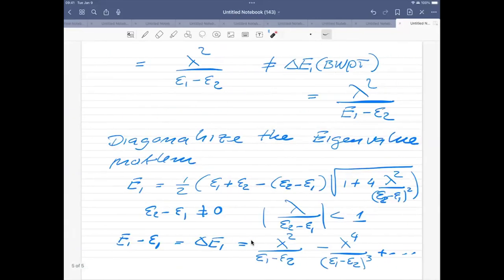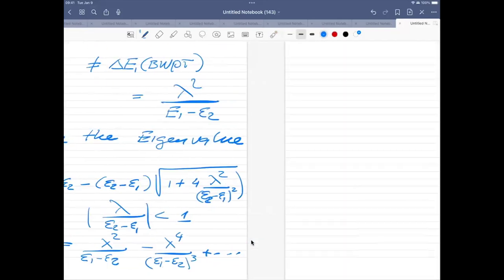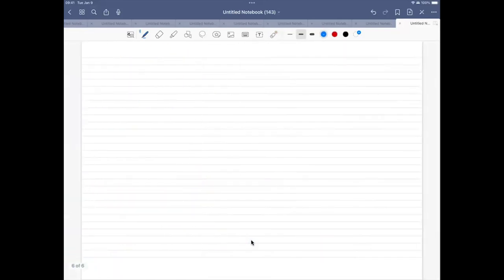And we see here that we have the interaction to fourth order. So this seems to indicate that there is going to be a fourth order term in Rayleigh-Schrödinger perturbation theory. So if we now link this with the Brillouin-Wigner perturbation theory, when we take delta E1 of the Brillouin-Wigner perturbation theory, what we have then is a lambda squared divided by E1 minus epsilon 2 here.